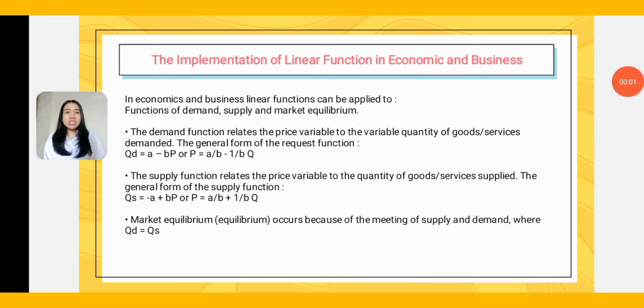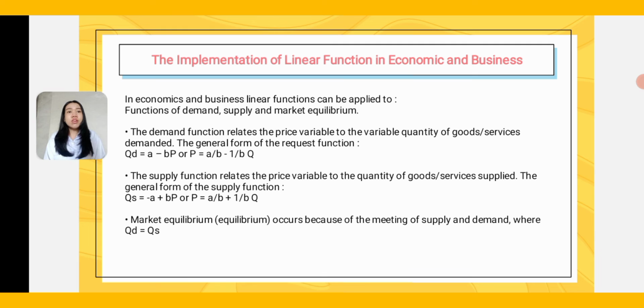Next, I will explain the implementation of linear functions in economics and business. In economics and business, linear functions can be applied to the functions of demand, supply, and market equilibrium. First, the demand function relates the price variable to the quantity of a good or service demanded.